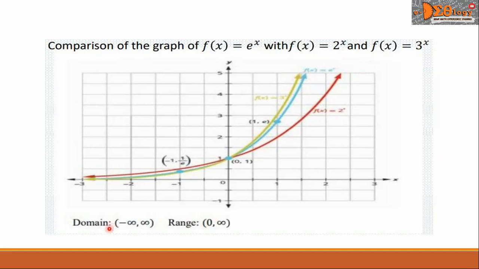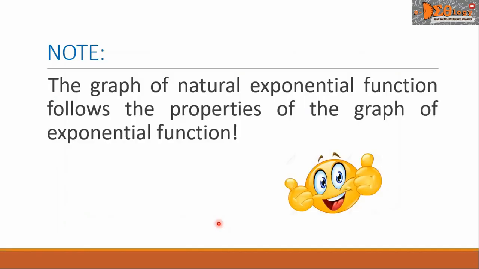Take note that all these graphs have domain negative infinity to positive infinity, and the range is the open interval (0, infinity). Take note, the graph of the natural exponential function follows the properties of the graph of an exponential function.